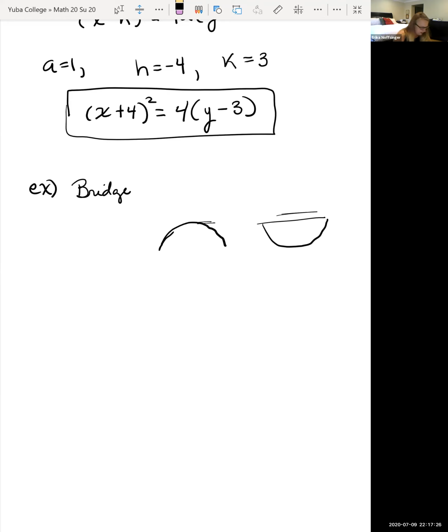Would you look at it upside down? Anyways, this span is going to be 100 feet. The height of the arch, a distance of 40 feet from its center, is to be 10 feet. Height of the arch. Okay, so the height of the arch is going to be this way.